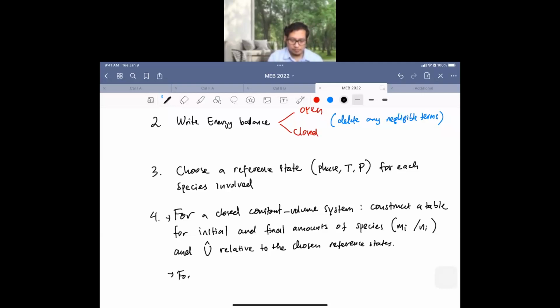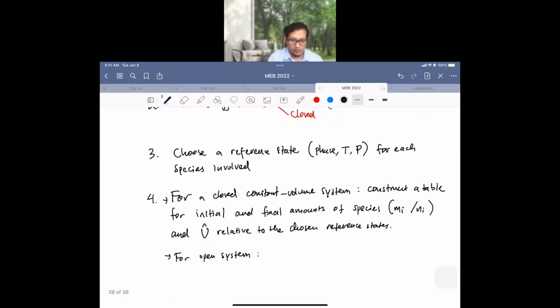For open system, construct a table with columns for inlet and outlet streams, for inlet and outlet stream components, flow rate.